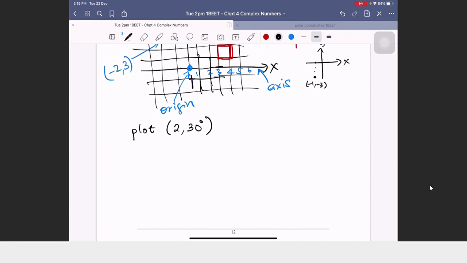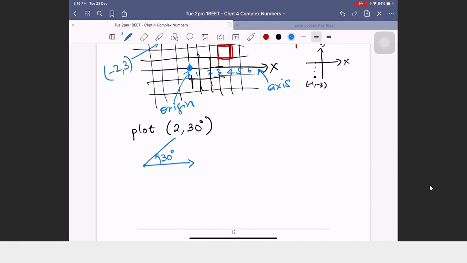When you want to plot a polar coordinate, you start from the pole. The pole is the center, and then draw your polar axis. The polar axis is a straight horizontal line like your positive x-axis. You identify the angle first. For a polar coordinate on paper, we just need to identify our angle first. So assuming that 30 degrees is somewhere like this, that is 30 degrees.